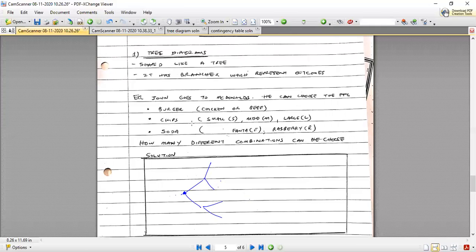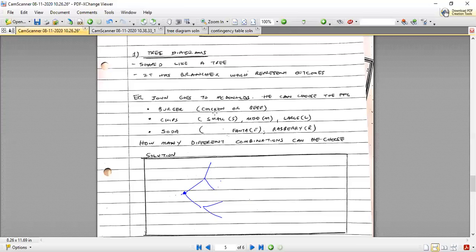In other words, if he chooses a burger, chips, and soda, in how many different combinations can he choose from the menu? For example, if we choose a chicken burger, a small chips, and a Fanta, or he could choose a chicken burger, a medium chips, and also a Fanta, or he could choose a chicken burger, a large chips, and a Fanta.